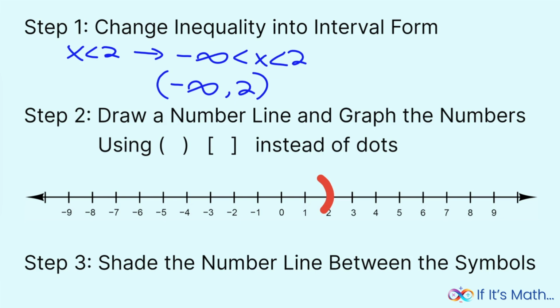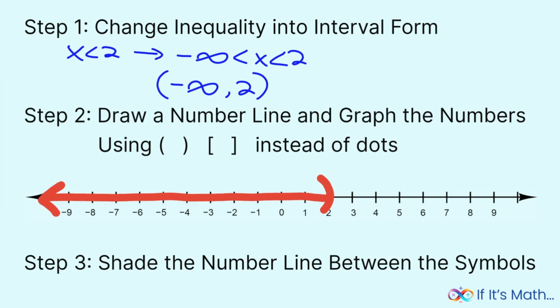So then you go to shading the number line between the symbols. Well, it never stops going all the way to negative infinity. So what you're going to do is shade that line all the way down. And then since it does go to infinity, you're going to put an arrow saying this goes on forever. So this is actually the graph of x is less than 2.